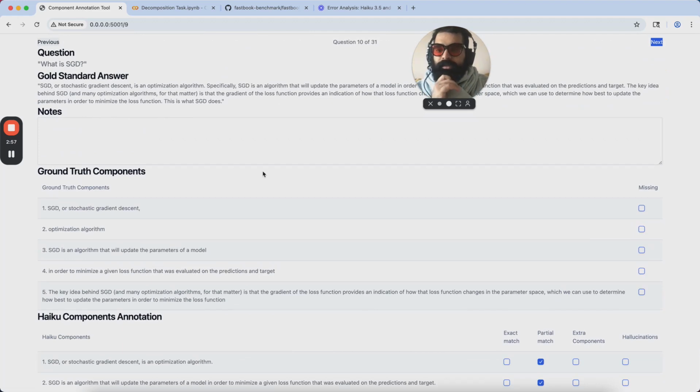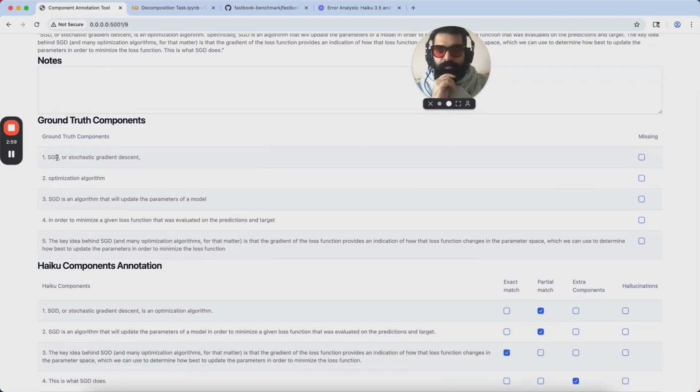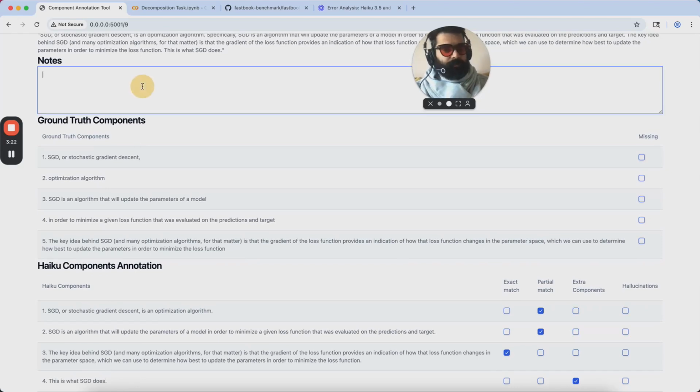What is SGD? All right. So SGD, or stochastic gradient descent optimization algorithm. So this is combining these two. This is an exact match, and that's the extra component. So I'll start with the easiest one. Is not a useful answer component without context.